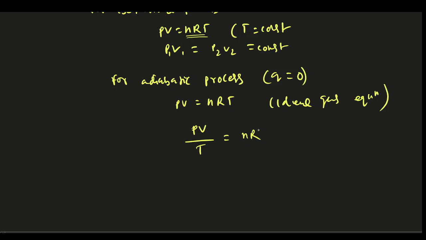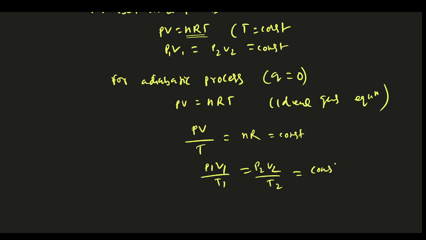This nR value is constant: n is the number of moles, say 1 mole, that is constant, and R is the gas constant. So I can say P1V1/T1 equals P2V2/T2 equals nR. So this is constant, so I can write constant here.